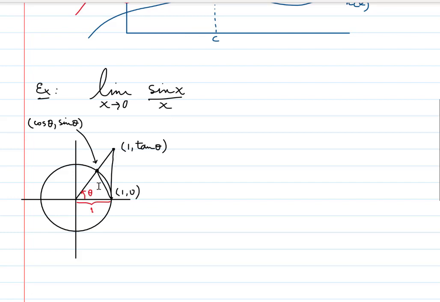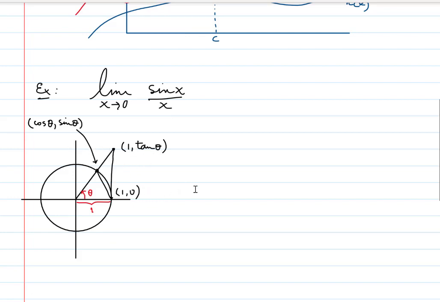Because tangent is opposite over adjacent. So if I do tangent of theta with respect to this big right triangle, then you'll have opposite over 1. So whatever this opposite is, it's tangent of theta, because the adjacent is 1. So this coordinate is 1 comma tangent of theta.